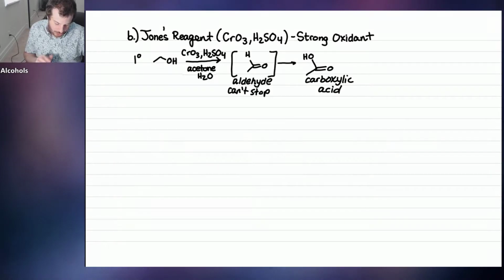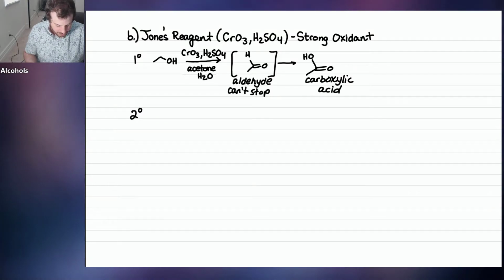So you can see this is quite a bit stronger than PCC. It takes an alcohol, which is oxidation state of 1, boosts it up to an aldehyde, which is oxidation state 2, but then boosts it up again to the carboxylic acid, which is oxidation state 3. So this is a super oxidation that goes 2 levels up.